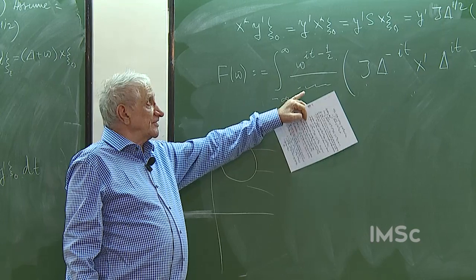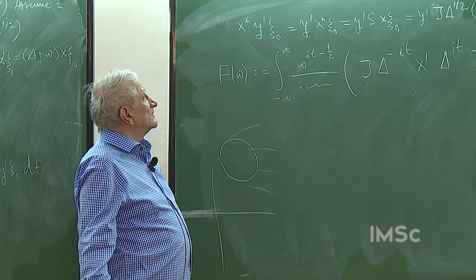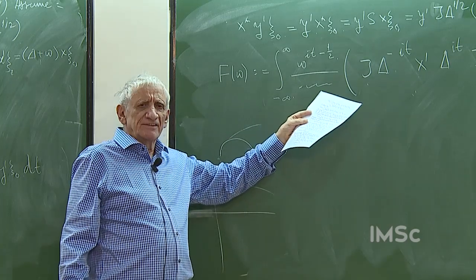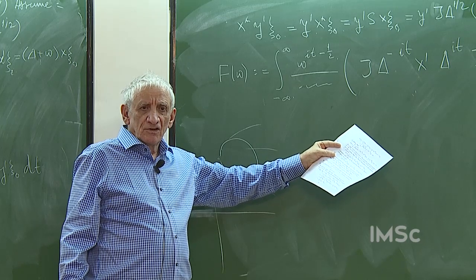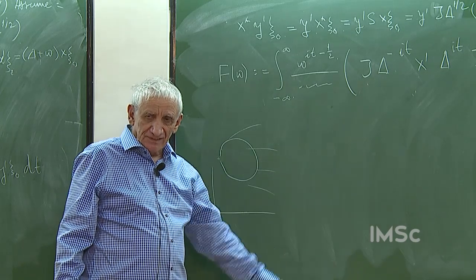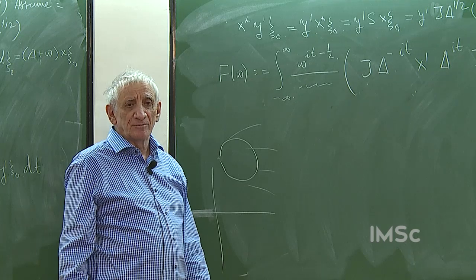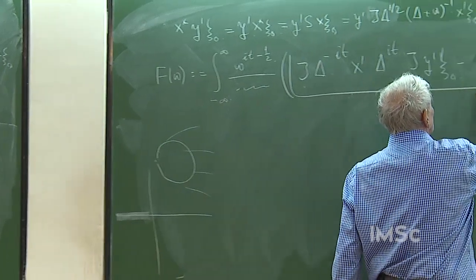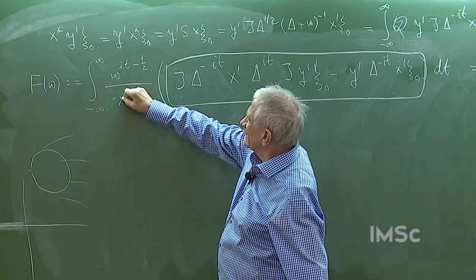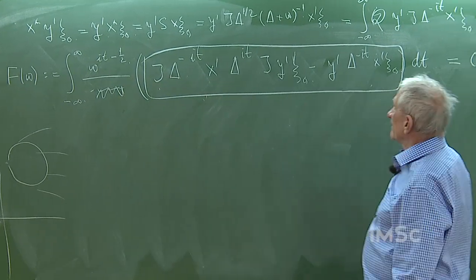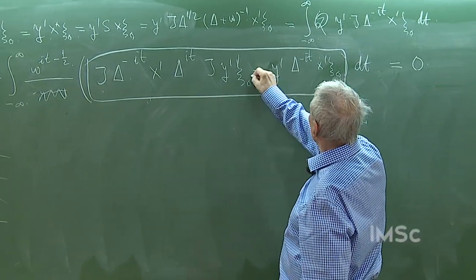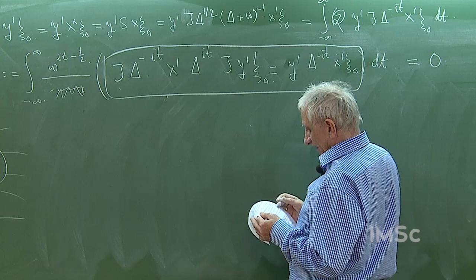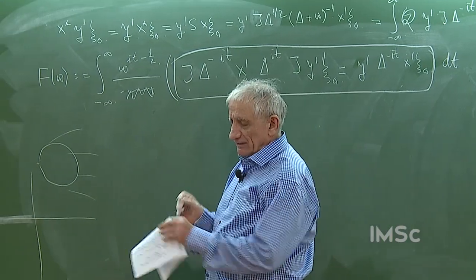If it is valid for a positive omega, this means simply that the Fourier transform of this function over the normalization factor is equal to 0. If the Fourier transform is equal to 0, by the uniqueness theorem in Fourier analysis it follows that this function is equal to 0. So we get this equality in here, and now we exploit this equality.